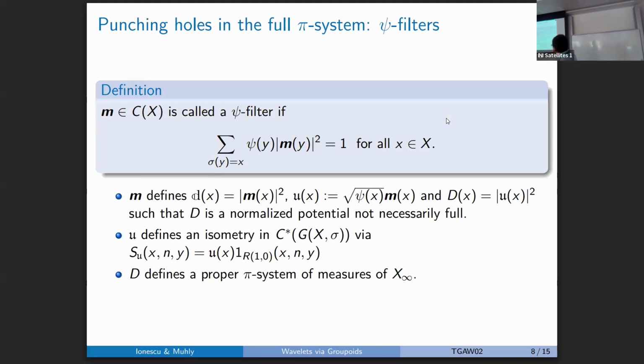We can choose the filter that depends on a function m, such that when you take the square of m in absolute value and plug it into the transfer operator on the previous slide, you always get 1. So it's a unit for the transfer operator, and such m always exist. Connecting with the previous notation, the D function is basically m(x) squared. And I'm introducing a new notation here.